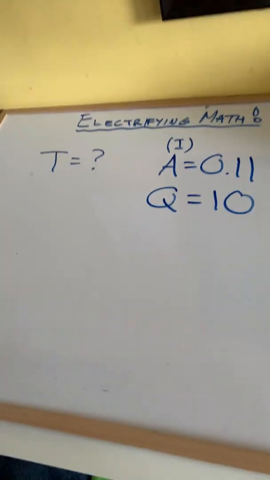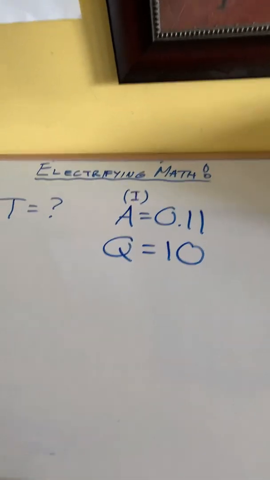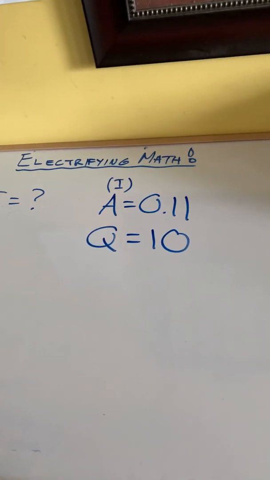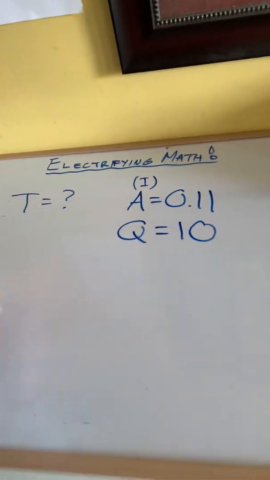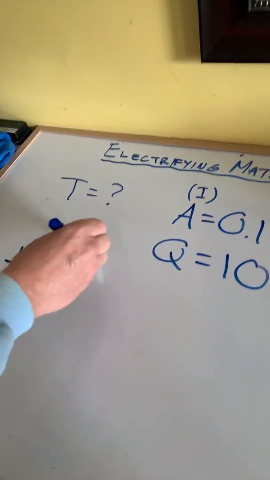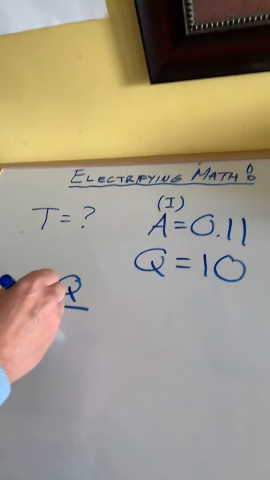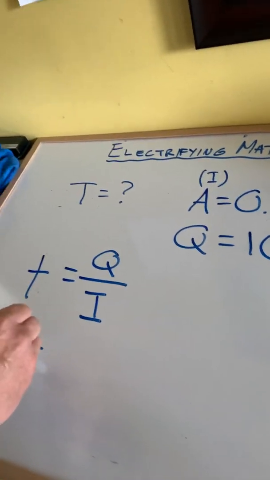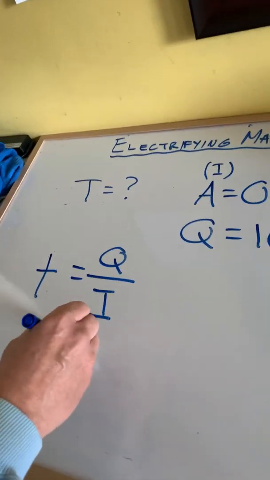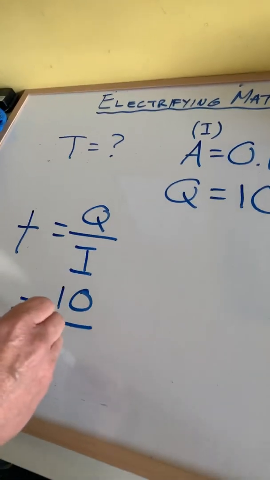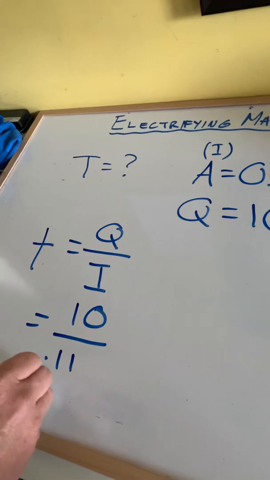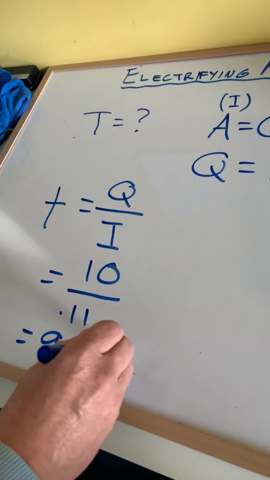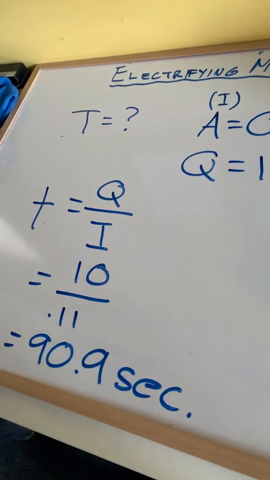So we're going to find our equation that involves those variables, and we're going to manipulate it so that it's time equals Q over I. And we've got our Q, which is 10. We've got our I, or our current, which is 0.11. And that's going to give us 90.9 seconds.